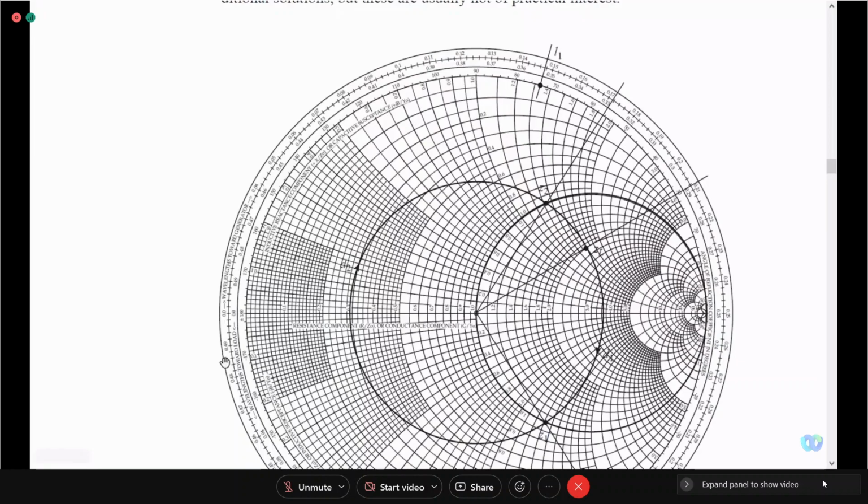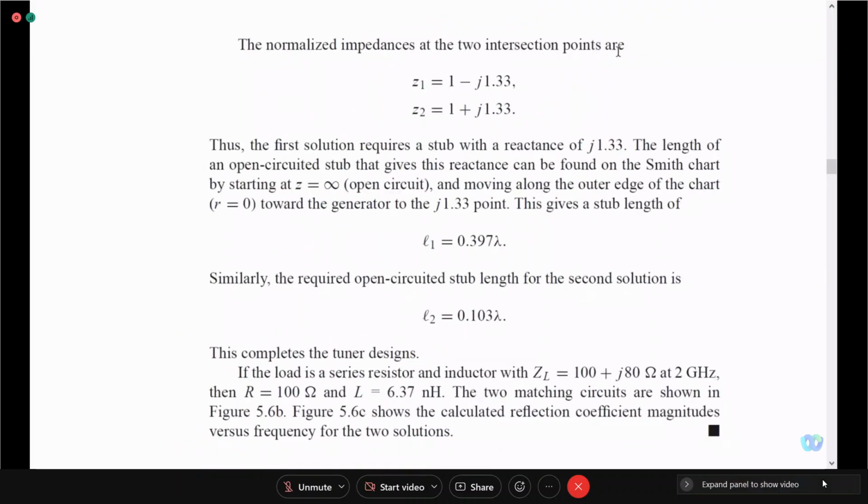This is 0.5. So 0.5 minus 0.148. What will be the value? How is it coming? 0.397 lambda L1.